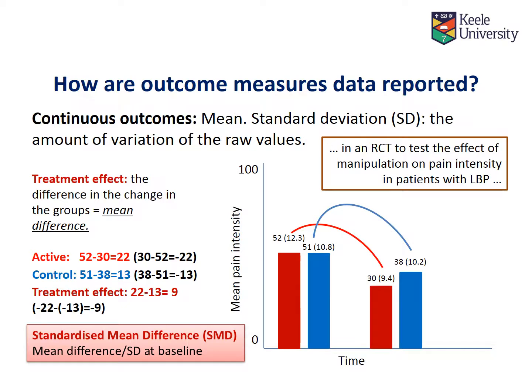So we divide the mean difference, which is 22, by the SD at baseline, which is 12.3. This is more accurate, and this is what is commonly used because it takes into account the dispersion, the variation, the standard deviation.